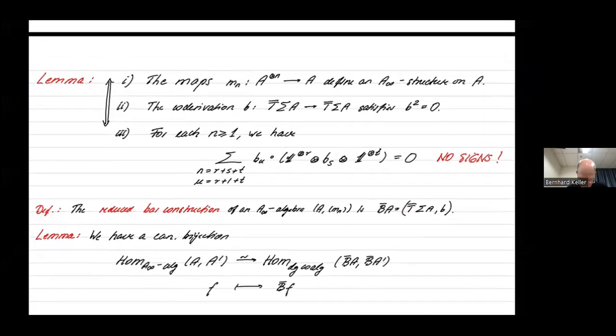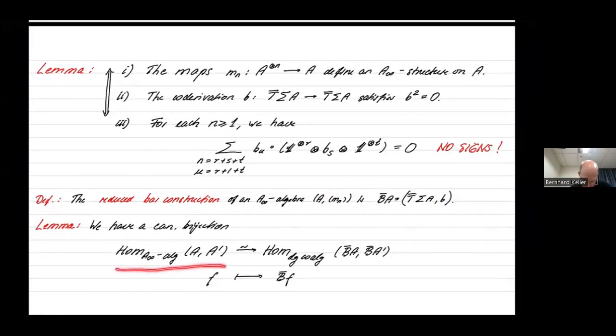So we have encoded all the mn's in a very compact way in this differential of the reduced bar construction. And then you can check that the complicated definition of morphisms of A-infinity algebras reduces to the very simple definition of morphisms of differential graded coalgebras.